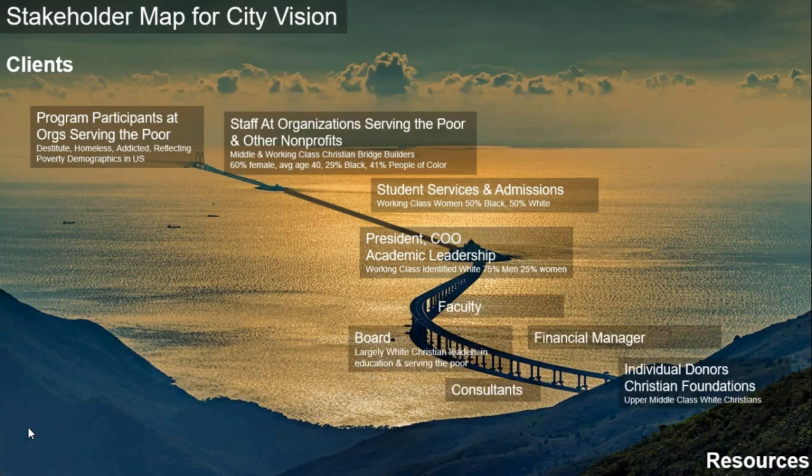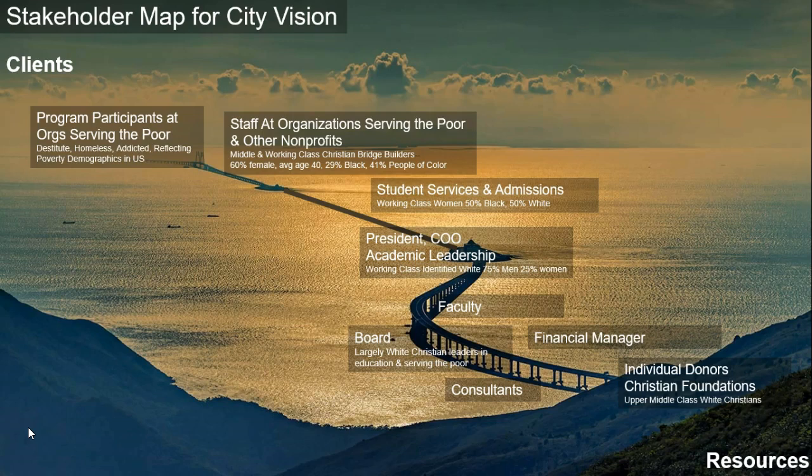The next tier are our faculty and our board. Our faculty have to meet the requirements of accreditation, so some of them are close to those serving the poor, some of them aren't. Our board is largely white Christian leaders in education or in organizations serving the poor.